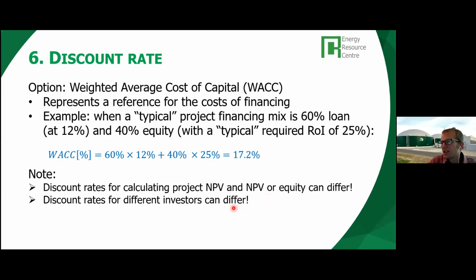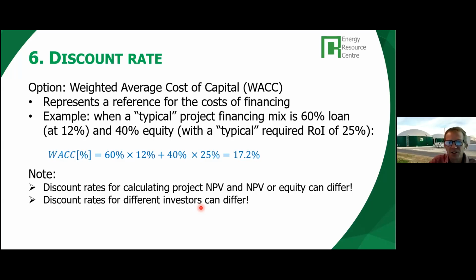It should be considered that even for different investors, you may find different discount rates. One investor could have a different risk perception of a certain project. For example, if the project is implemented in a factory, for example the cashew factory, then the owner of the factory may have a different perception of the risk of, let's say, the number of operating hours or the energy demand or the fuel availability.